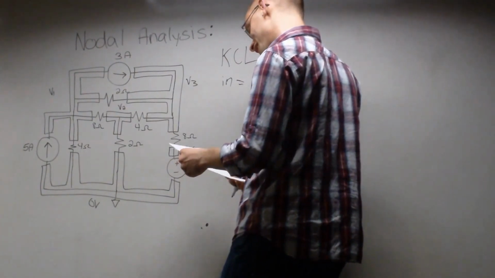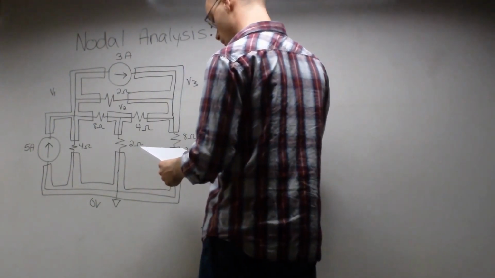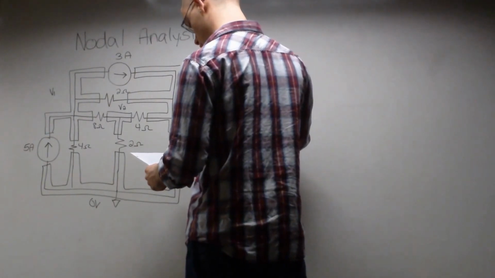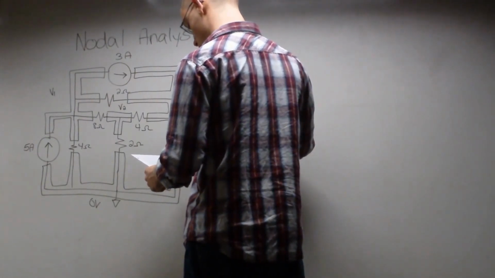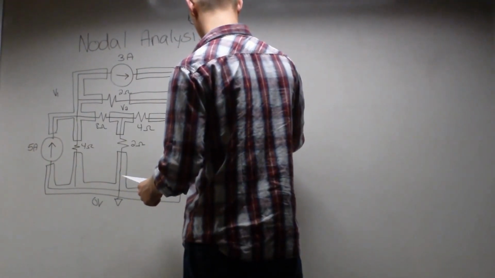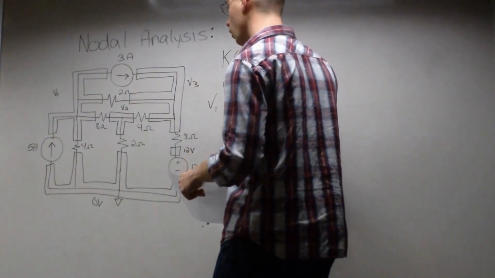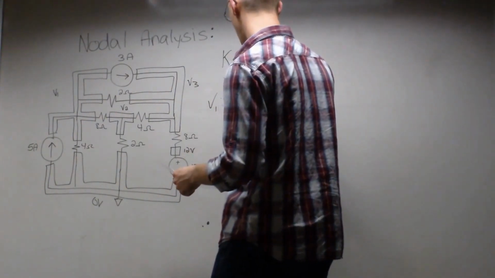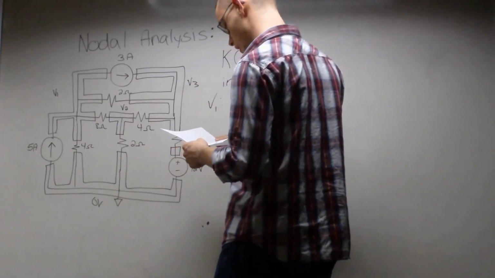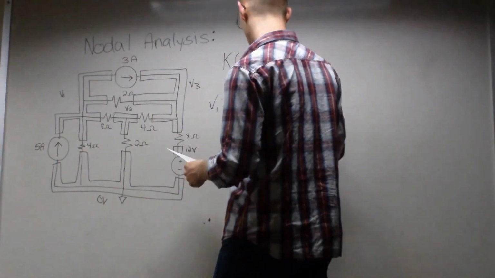Okay, current. Yeah, alright. So it stems from Ohm's law, and you always put the voltage differences on top and then divide by the resistance. So for V1, take that node and set up your first equation. So we have 5 amps of current going in, and then we have 3 amps of current going out.